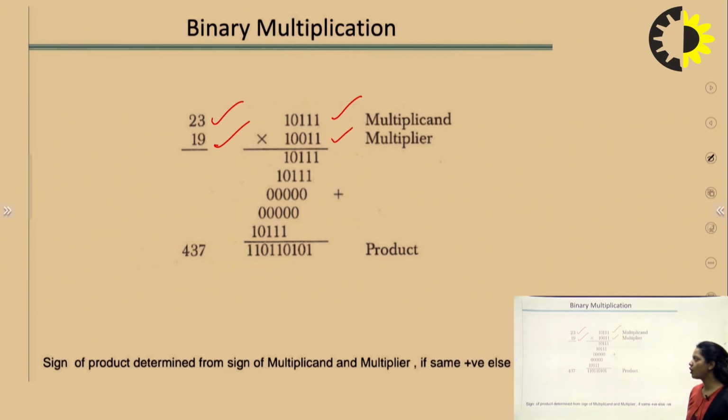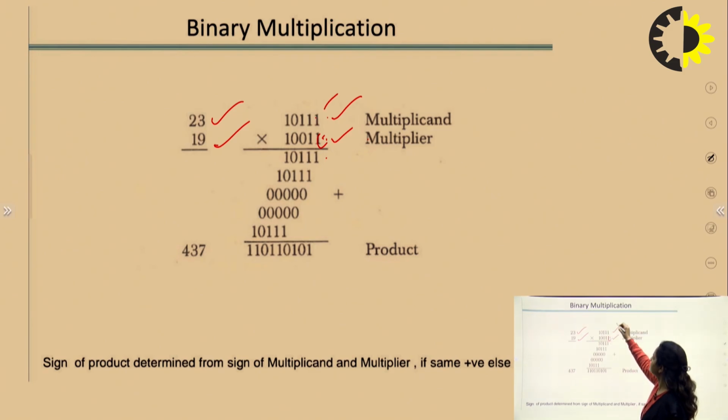So while performing the multiplication operation, we are just adding the two bits when we are multiplying the two binary numbers. Like in a first step, when we are multiplying 1 with 1, the AND operation of 1 and 1 is 1. Then this 1 is multiplied by this one, again AND of 1 and 1 is 1. Then 1 with 1, 1 with 0 is 0 and 1 with 1.